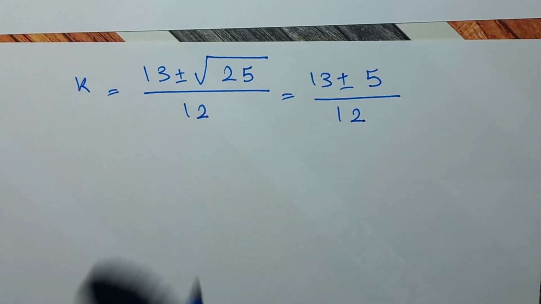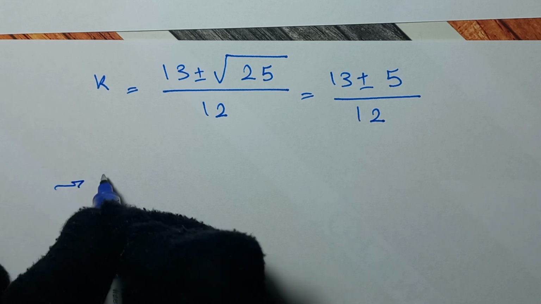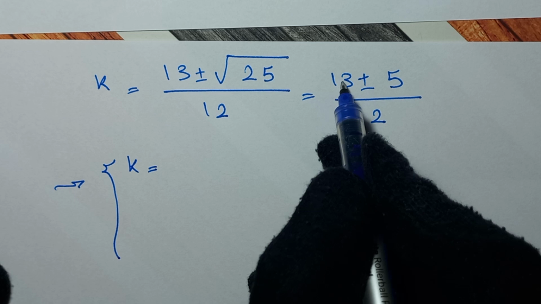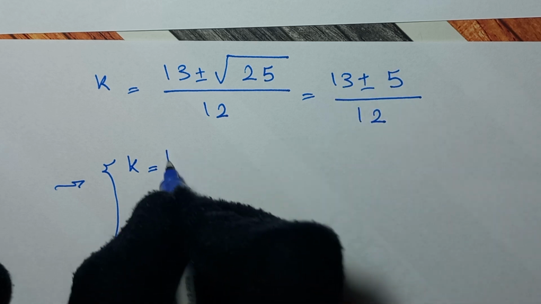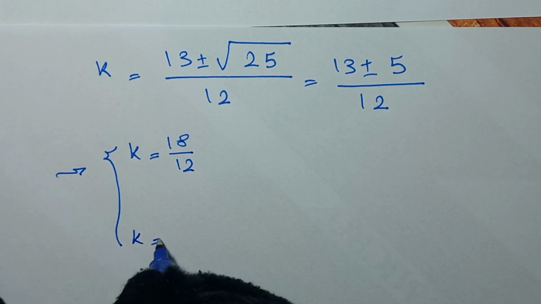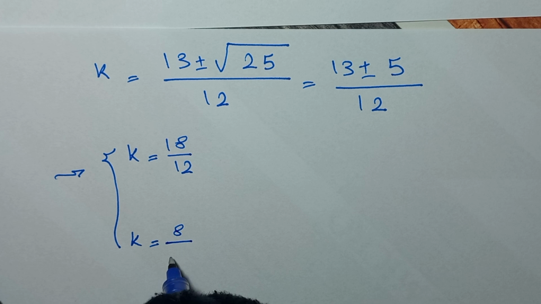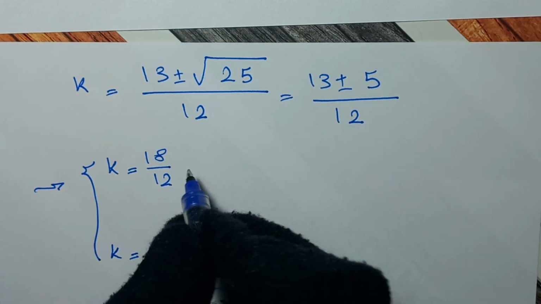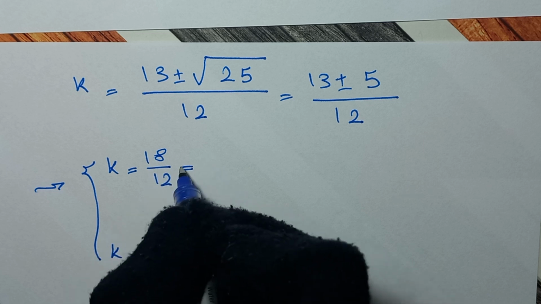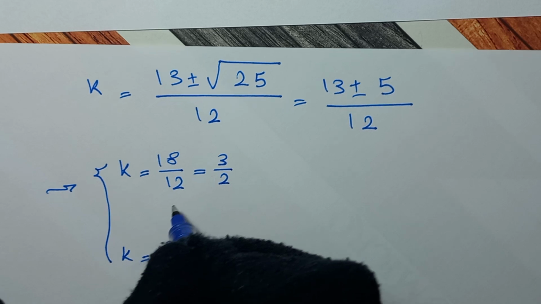So we have two values for k. k is equal to 13 plus 5, which is 18 over 12, and k is 13 minus 5, which is 8 over 12, right? So we divide numerator and denominator by 6, and this is equal to 3 over 2, right? So k is 3 over 2.